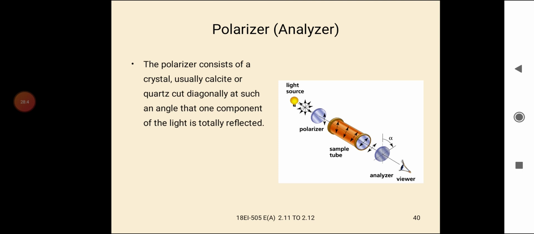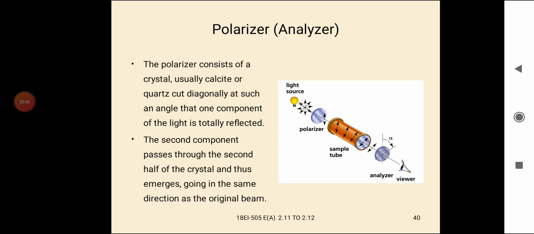Polarizer. The polarizer consists of a crystal, usually calcite or quartz, cut diagonally at such an angle that one component of light is totally reflected.